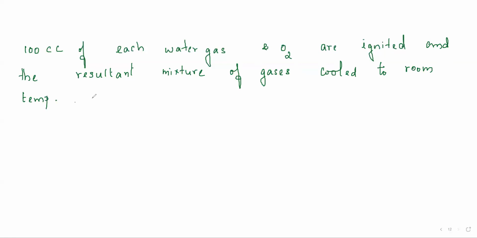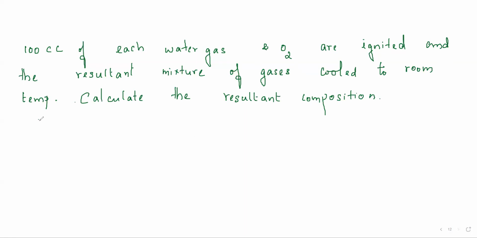Calculate the resultant composition. So the question is to calculate the resultant composition. 100 cc of each water gas and oxygen are ignited.